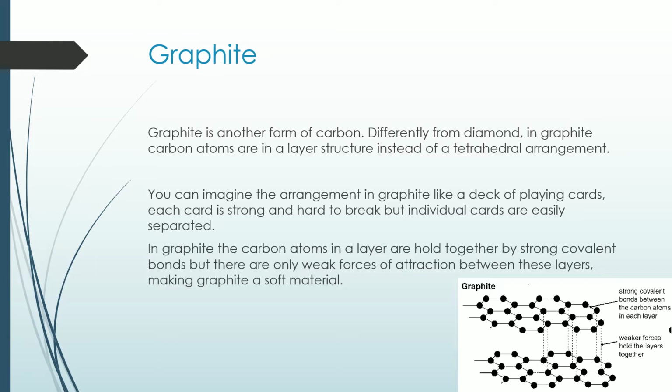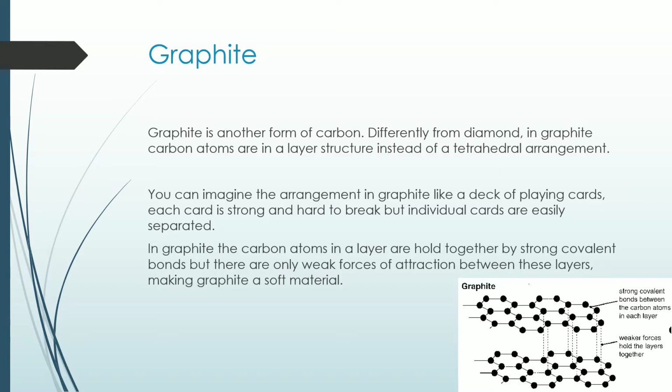So write these down and also draw this structure in your notebooks. Just draw a couple of these structures. Don't draw everything, but write down the labels: strong covalent bonds between the carbon atoms in each layer, and weak forces holding the layers together.